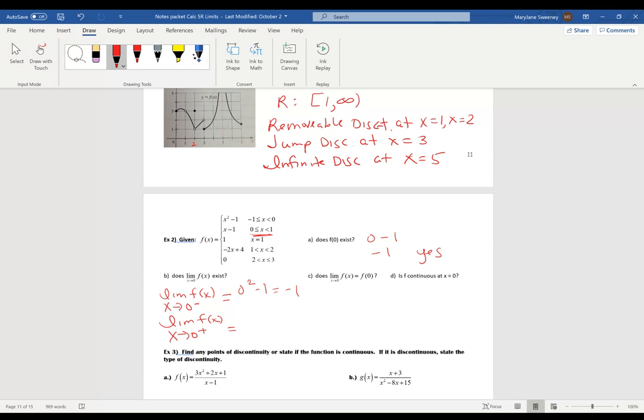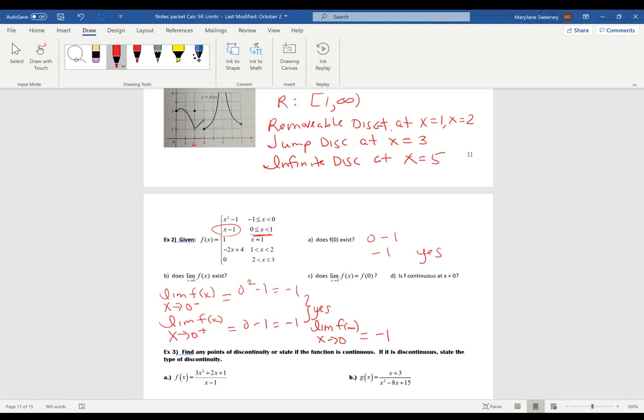That's immediately to the right of 0. So we would use this, 0 minus 1, negative 1. So yes, the limit of f of x as x approaches 0 equals negative 1, which means it does exist.